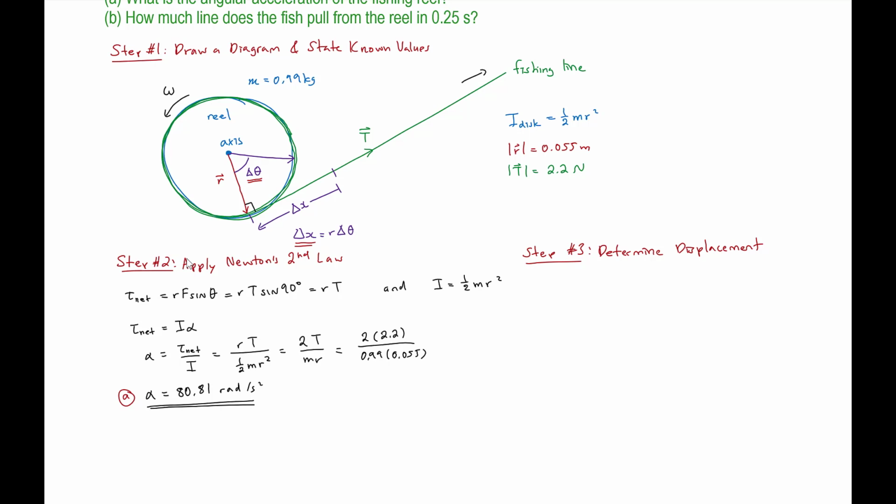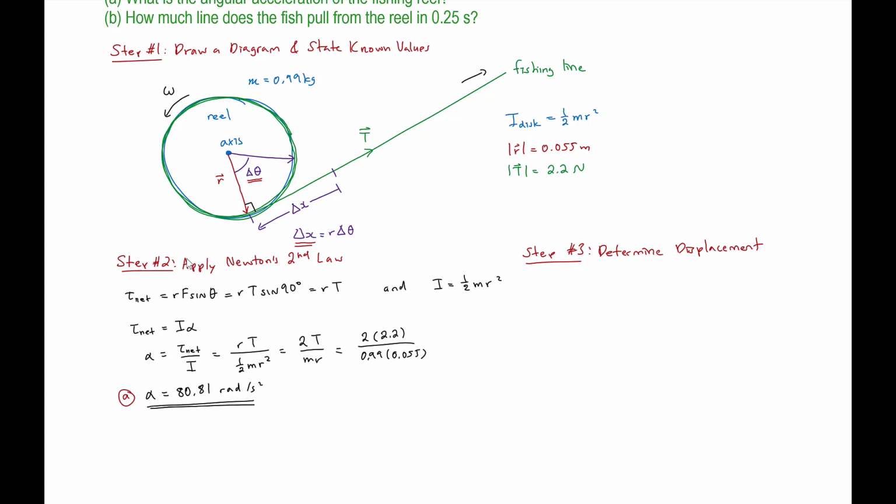So we want to know how much of the line was pulled from the rod. It means we should determine the angular displacement delta theta of the reel and then convert that to delta x using our conversion equation. So we're also given a time of 0.25 seconds.